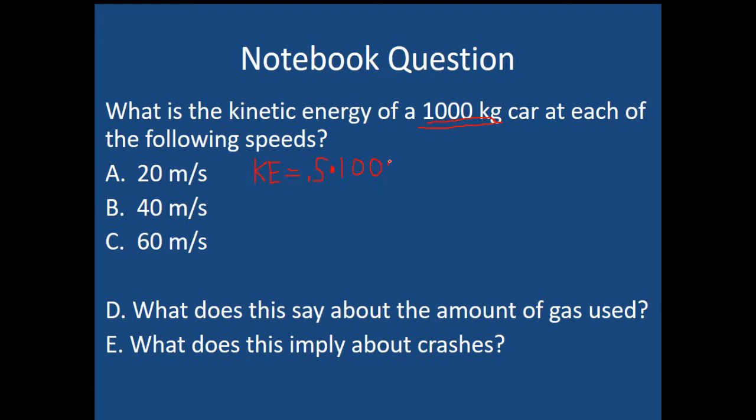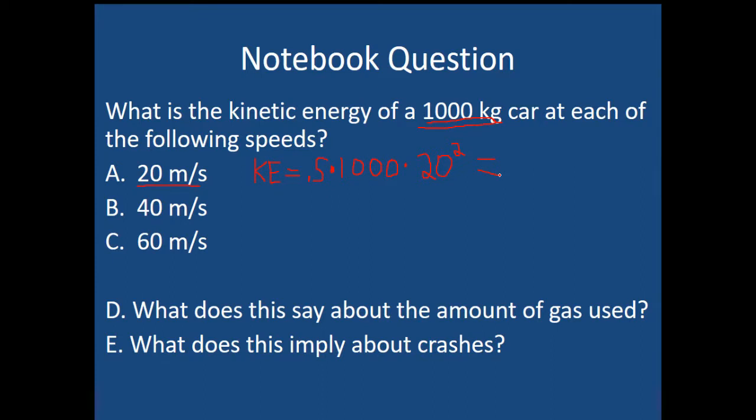Our mass of our car is 1,000, times velocity squared. Our velocity, or our speed, is 20. So we want to take 20 and square that before we multiply by 1,000 and before we multiply by 0.5. If we take 20 squared, that gives us 400.